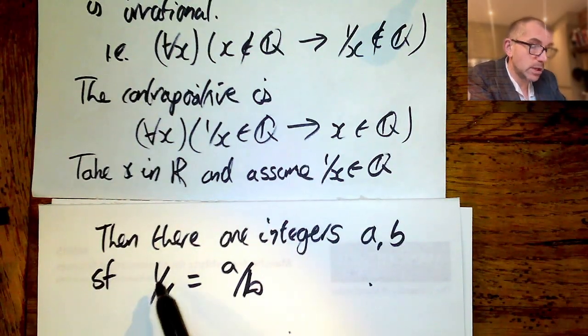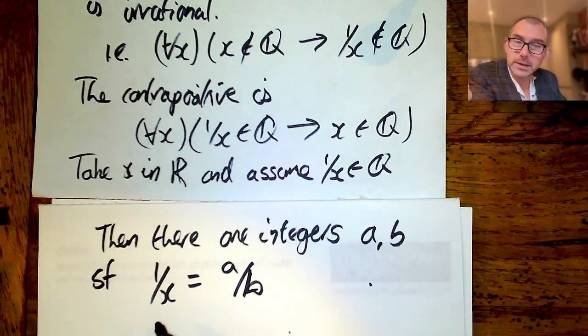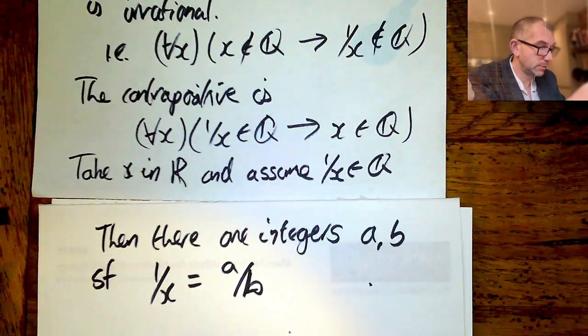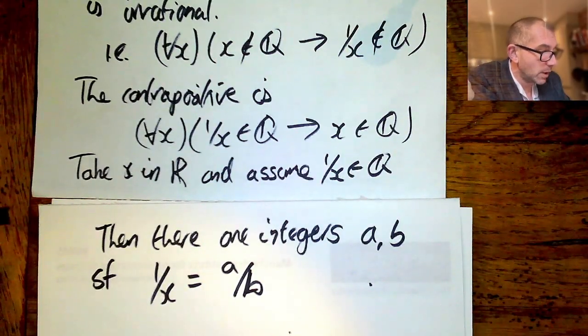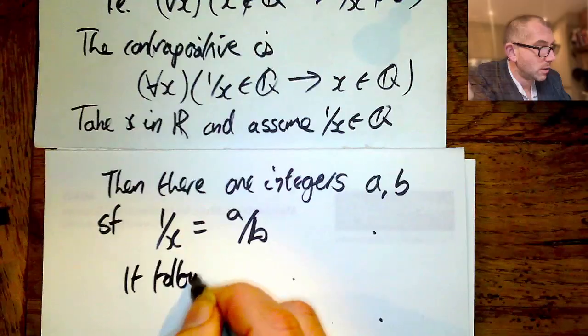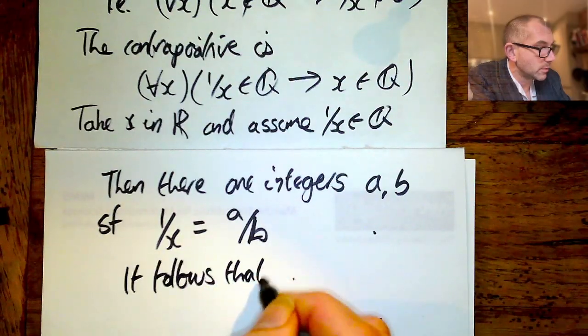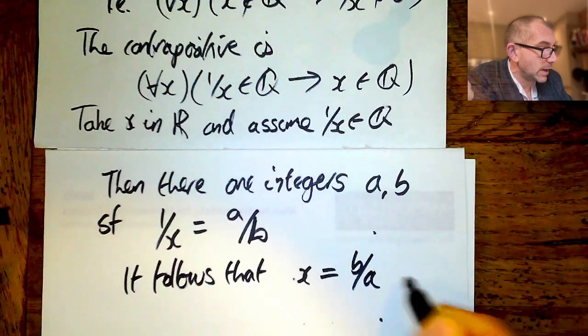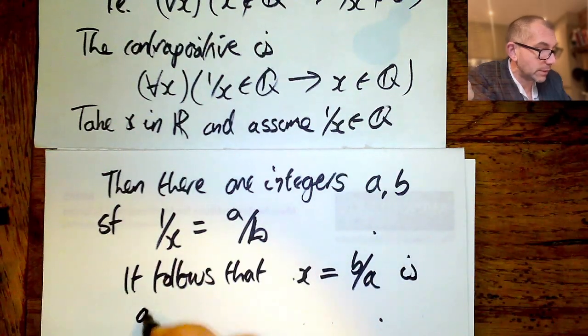Okay. Well, we know how to turn 1 over x into x, don't we? If we've got it written as a fraction, we just have to swap the fraction over. So if we've got this, it follows that x is just equal to b over a, which is also rational.